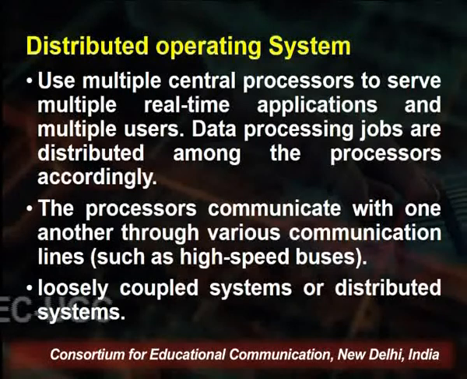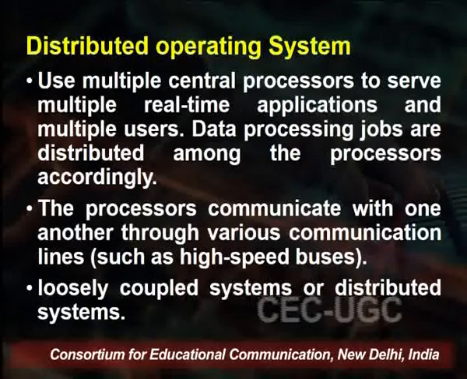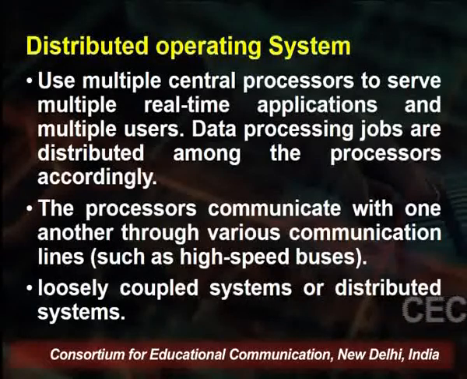The processors communicate with one another through various communication lines, for example high speed buses, and these processors can be part of a single computer or part of different computers, and these different computers are connected with the help of a network. As the processing power is distributed among the nodes, these are known as loosely coupled systems or distributed systems.